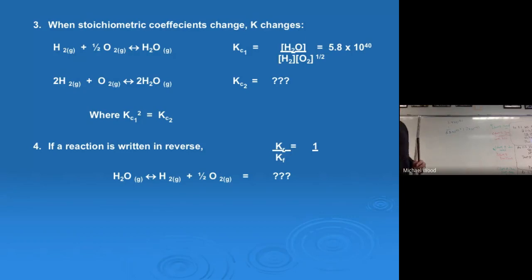Okay, just a quick summary. This isn't in the notes, but it might be worth noting. We're going to compare Kc to delta H. If we take the coefficients and double them, with delta H we would have doubled, with Kc we would square.